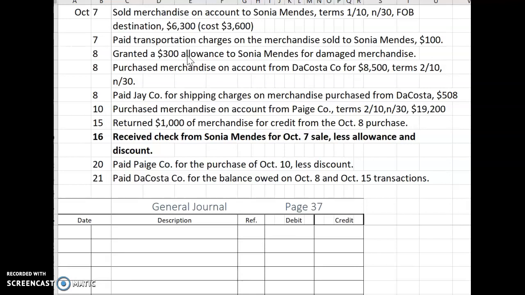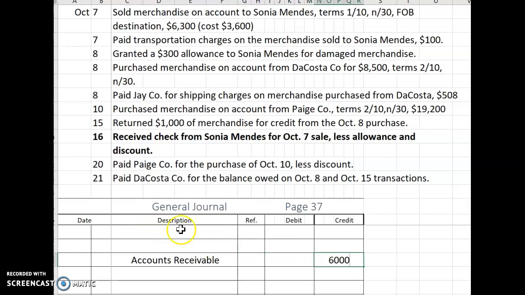Well, now she's paying off her accounts receivable. So we're going to be crediting accounts receivable, because accounts receivable is going down. So accounts receivable is going to be credited for the $6,000.